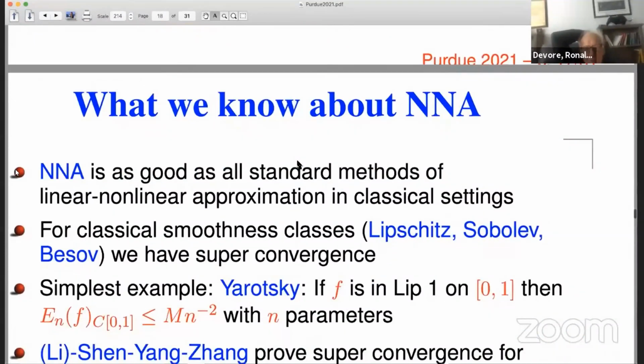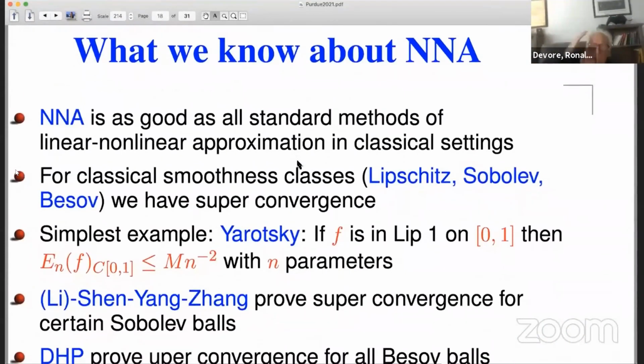Okay, now let me say a few words about neural net approximation. There are lots of papers written on this, making claims that neural nets do a great job at approximating. So do they? Well, I'll just give you my quick view of the situation. I think that Huawei will talk about results of this type.